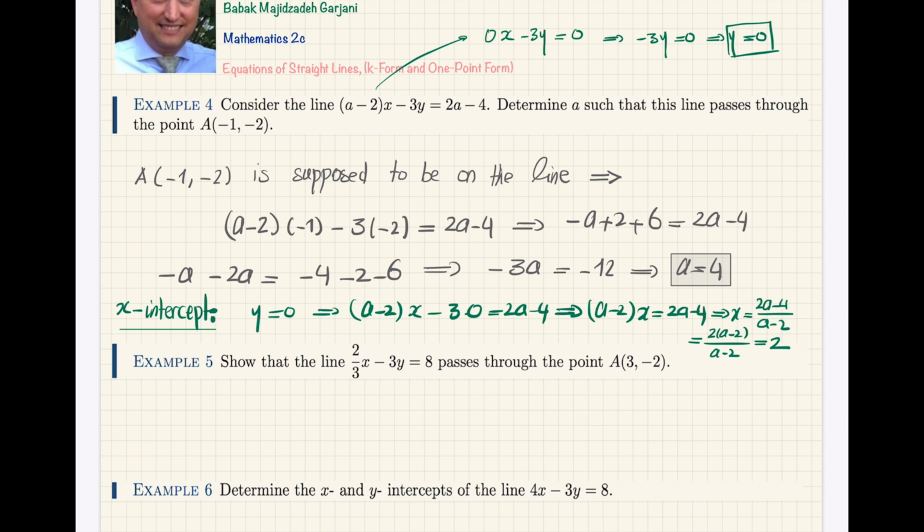If a is equal to 2, this is just this line. Can you tell me what is this line? The y-axis? No, a small mistake. y equals 0 is the x-axis. Yes, it is the x-axis.